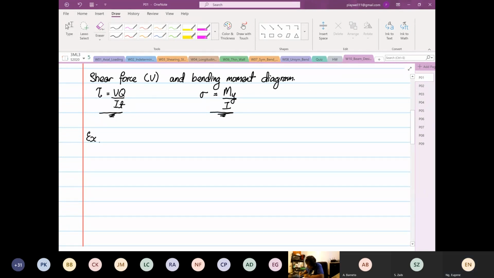So in this example, we're going to form the shear force and bending moment equations.